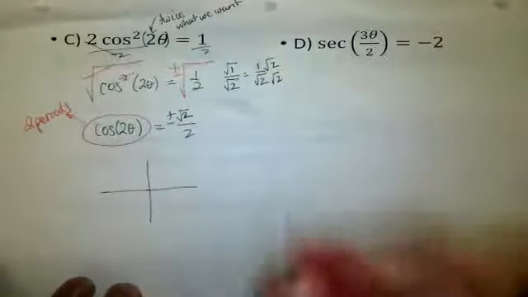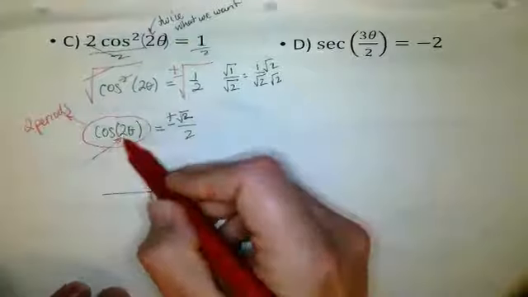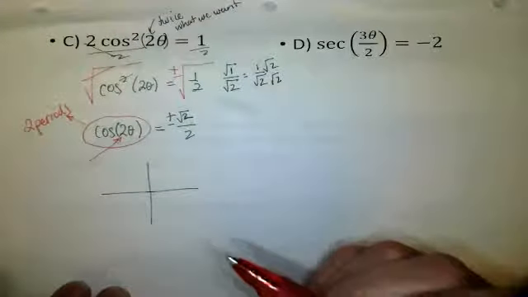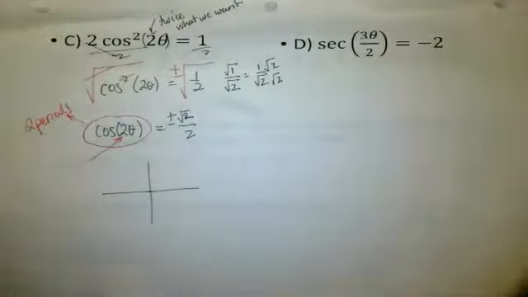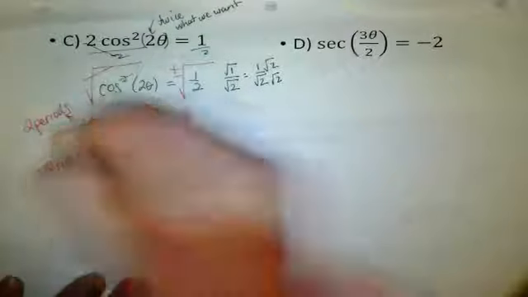What I'm going to tell you is whenever we have what's called this multiple angle here, we're going to use our unit circle, but we can't do just one rotation. One rotation is one period. We need to do 2 rotations. So 2 rotations of our unit circle.